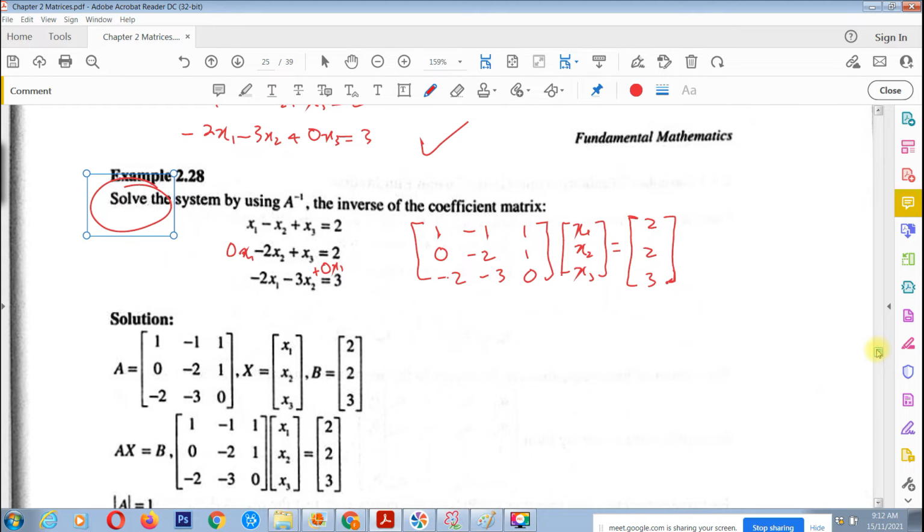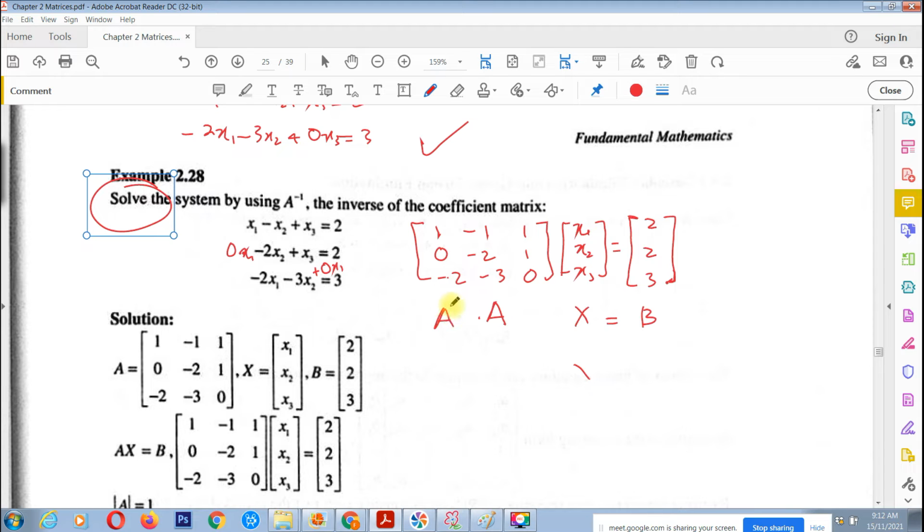So how to find this? Now we have the A matrix times X, and then the solution, we call it the B matrix. To find X, we multiply the inverse on both sides. So how to multiply the inverse on both sides?